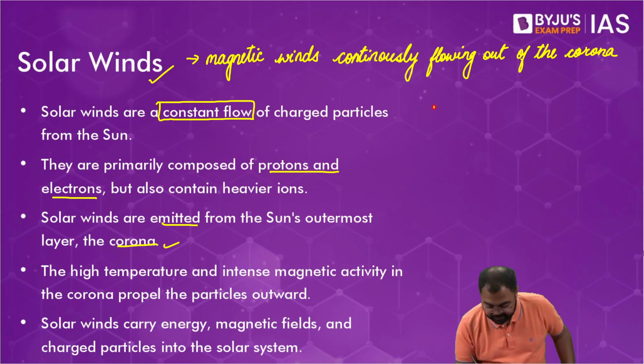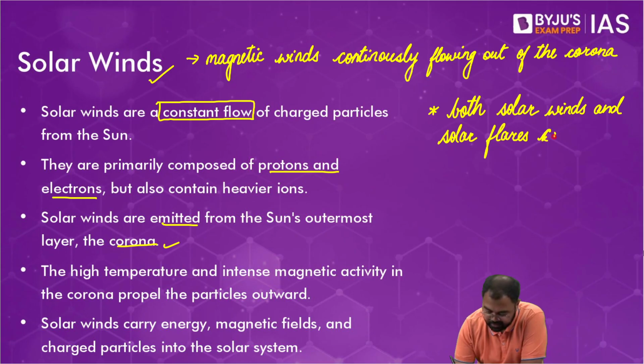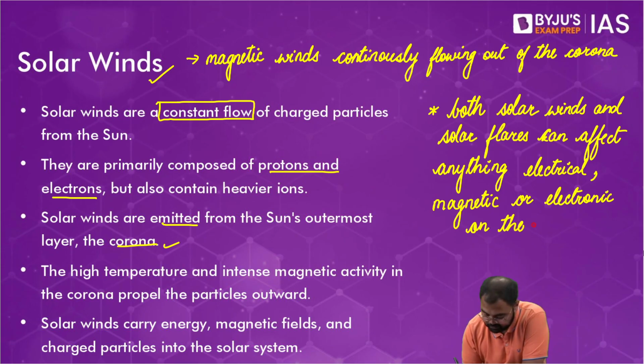And just remember that I'm just writing it here, both solar winds and solar flares can affect anything electrical, magnetic, or electronic on the earth, especially near the poles.